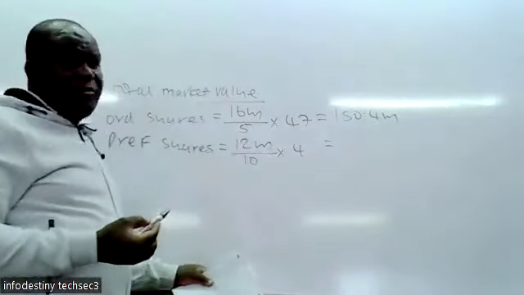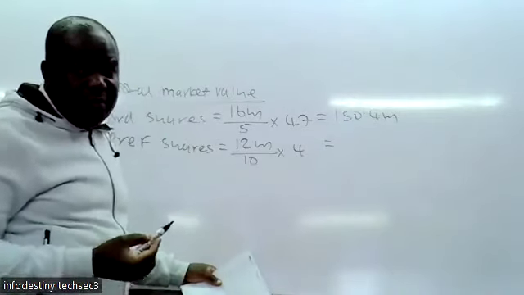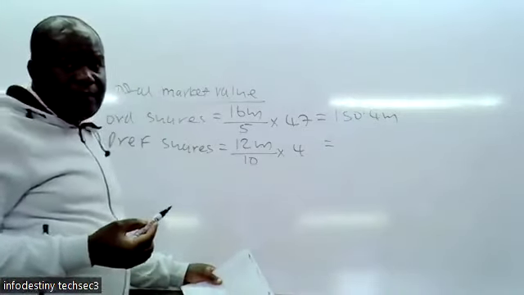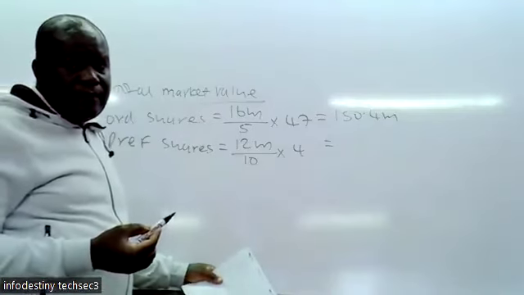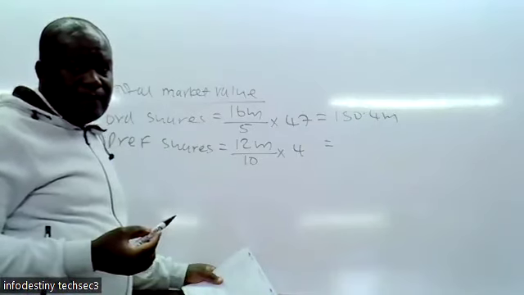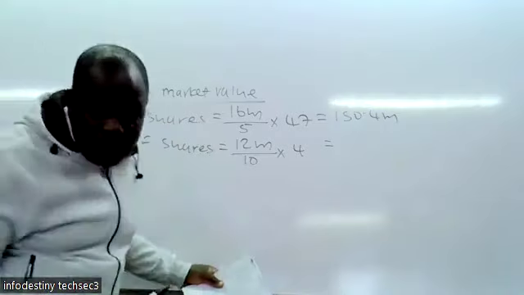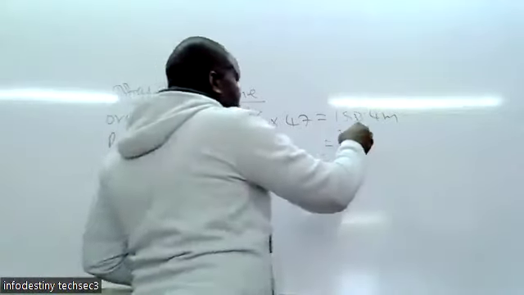So when you take 12 million divided by 10, multiplied by 4, it will give you which figure? It is 4.8.